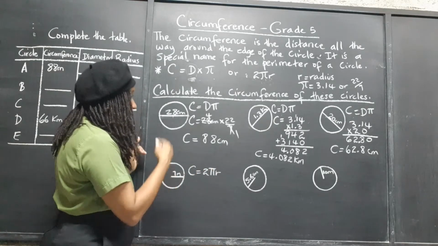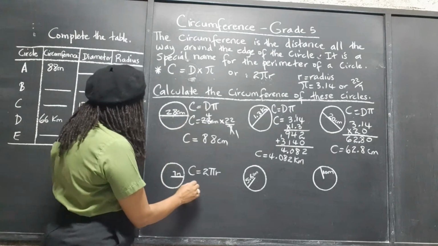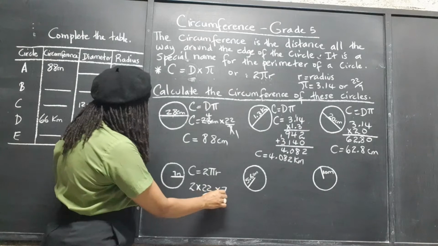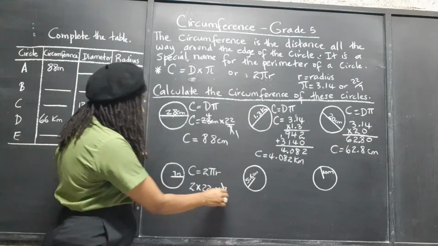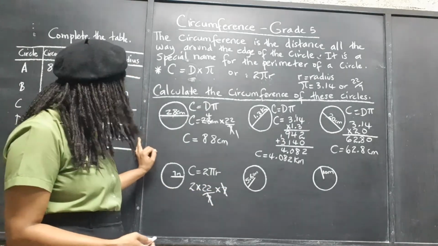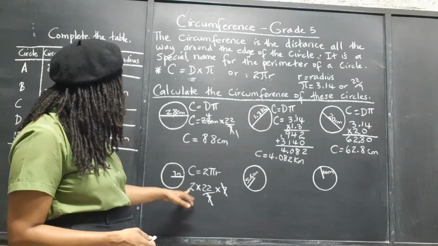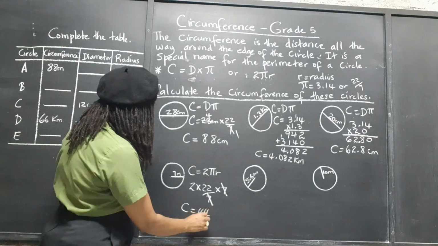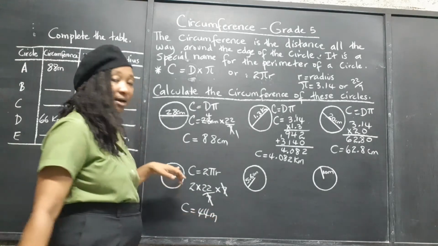We're just going to use the fraction. So it's 2 times 22 over 7 times the radius. And these cancel because 7 is a multiple of itself. So all we're left with is 22 times 2, which is 44. And the unit is meters.